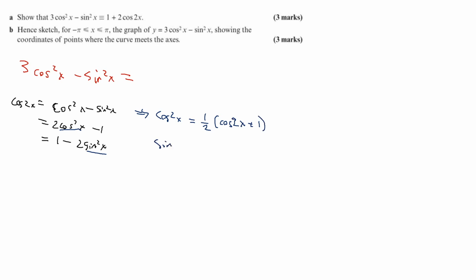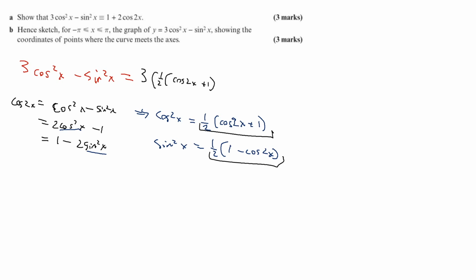And sine squared x is equal to 1/2 times (1 minus cos 2x). So now we're simply going to substitute these in. This is the same as 3 times 1/2 times (cos 2x plus 1). Okay?